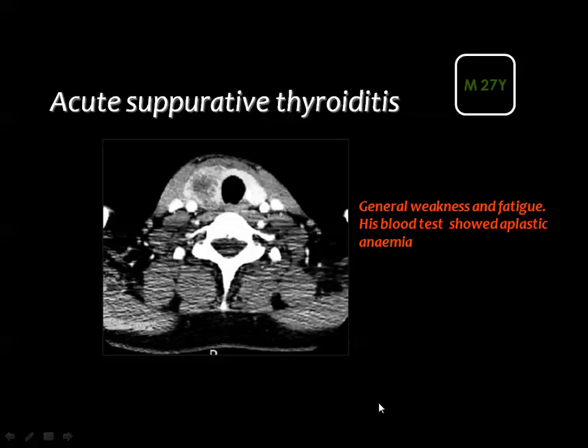Then, as I have said, thyroid inflammatory changes or acute thyroiditis has no specific imaging criteria. You see enlargement of the thyroid lobe, heterogeneous enhancement, and you may see an abscess inside the affected thyroid.